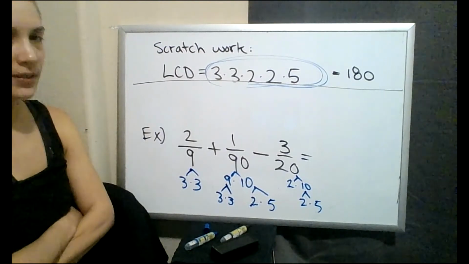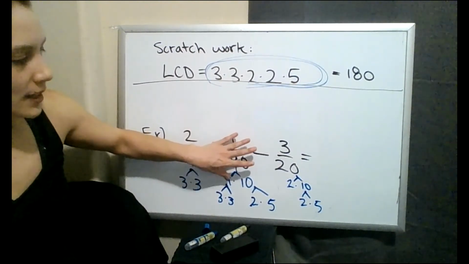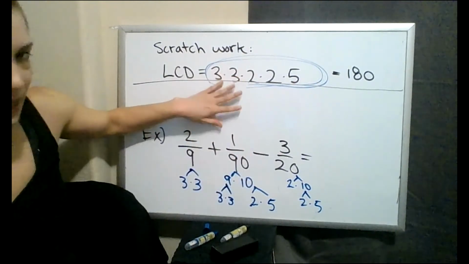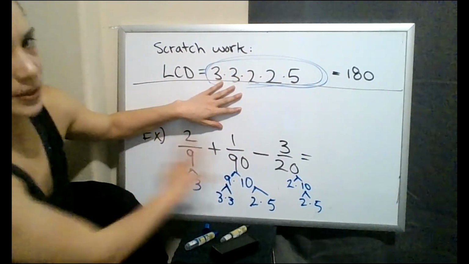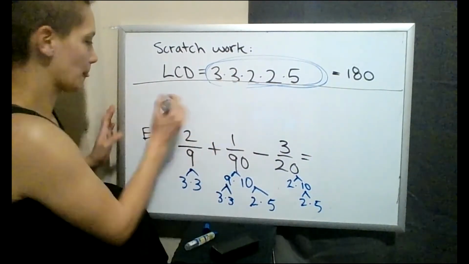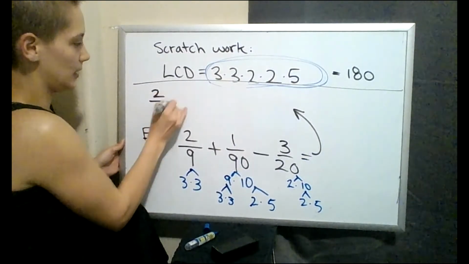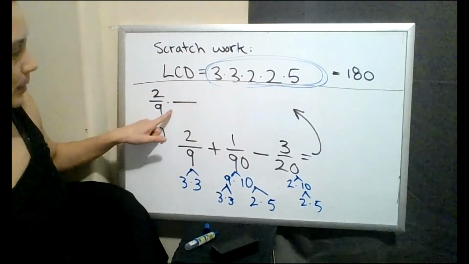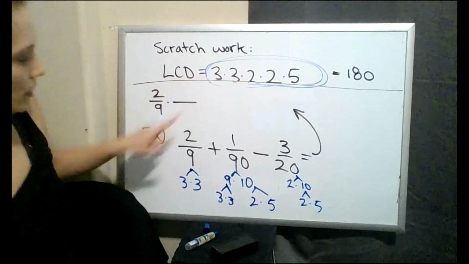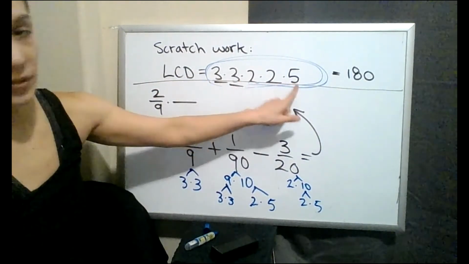There's just an issue of having a small whiteboard. So from here, we're going to put the next step right there, and then I need to erase and make room. So 2/9 times a fraction that's made up of missing factors from here. So we've got 3 and 3. We need a 2 times 2 times 5.